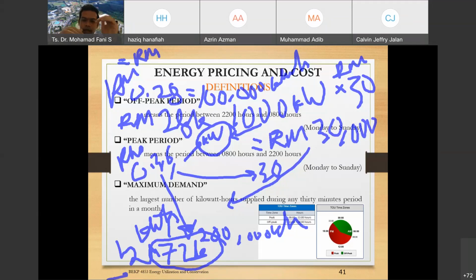So that's how we can get the bill for the basic component, which is we have considered maximum demand, peak period, and off peak period, for the time of use, TOU tariff.